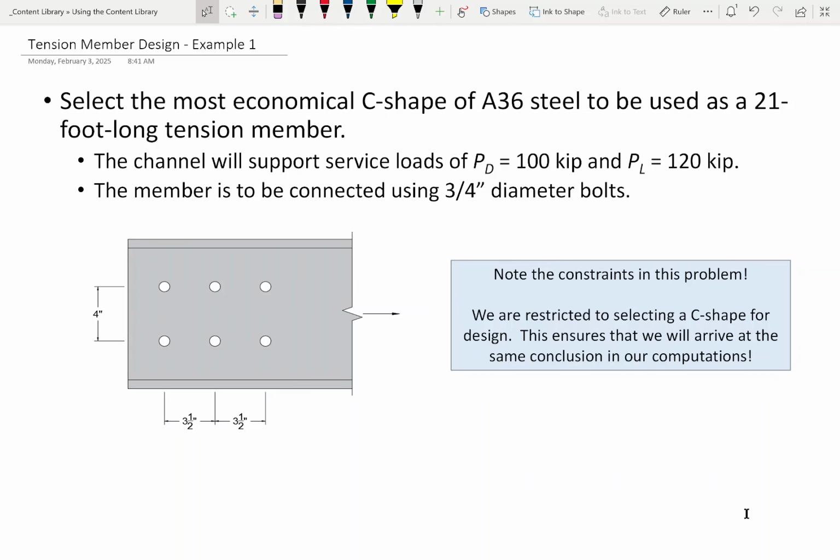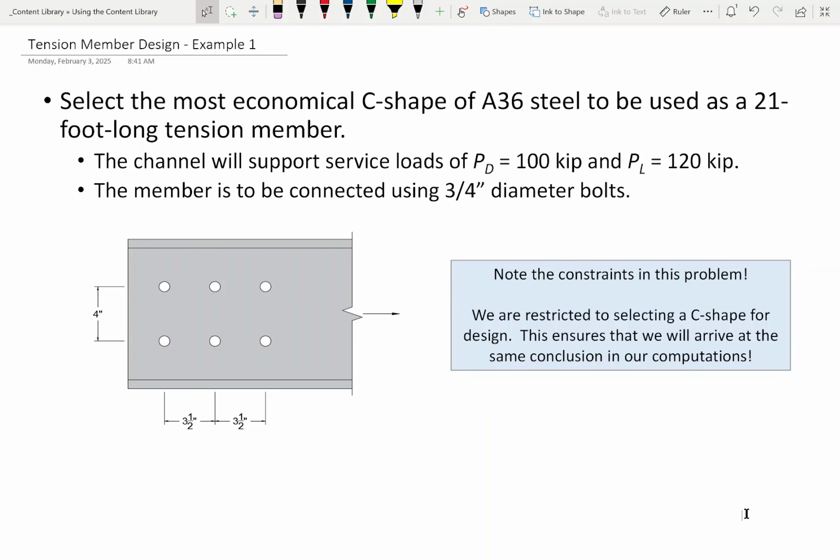The tension member is 21 foot long. We do know about our connection scheme, but we don't know what channel we're going to use to support these loads. The loads themselves are 100 kips of dead load and 120 kips of live load. Those are service loads, so we need to factor them. These are 3/4 inch diameter bolts.